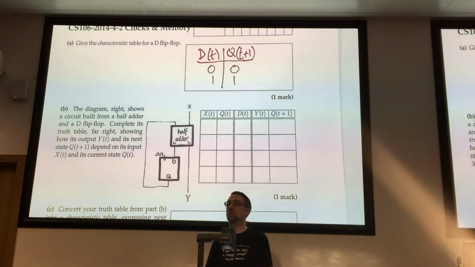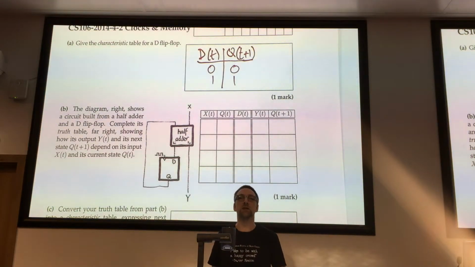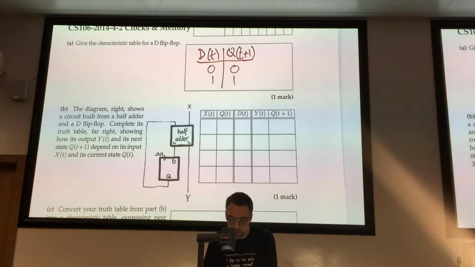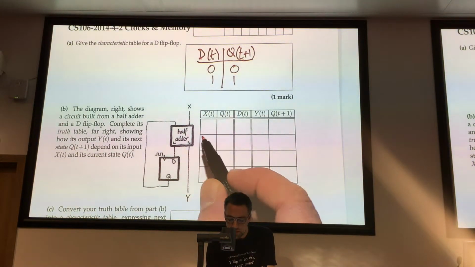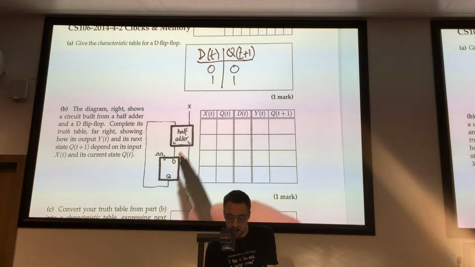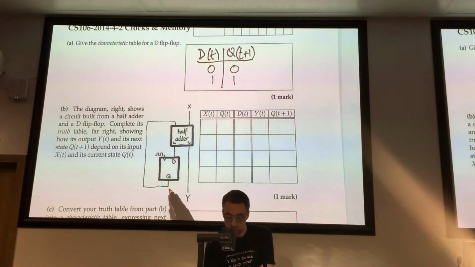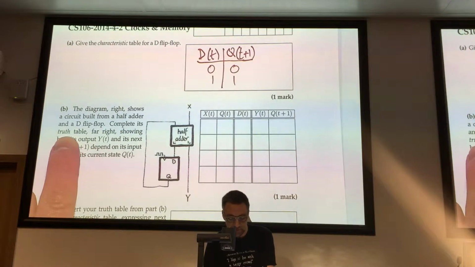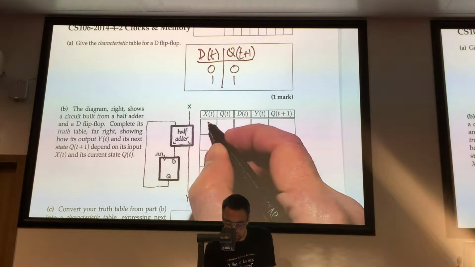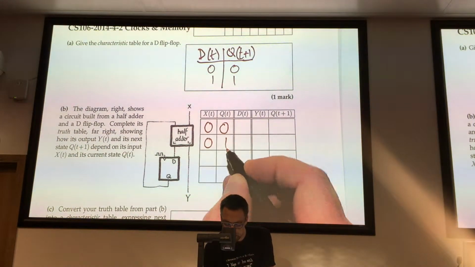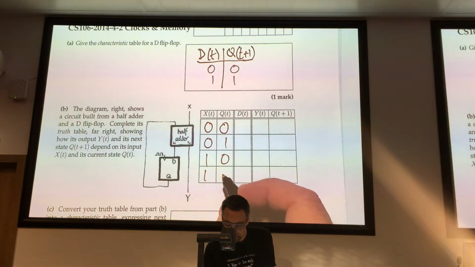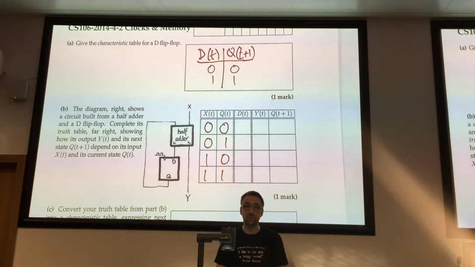So yeah, if you wanted some arithmetic circuits, you're getting some, as well as some clocks. Right. So what's going to happen is going to depend on the current input X and the current state of the flip-flop. So what we're being asked to do is to fill in this truth table. So possible situations are these. Okay? Right.